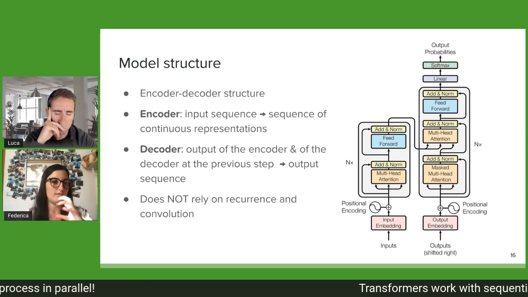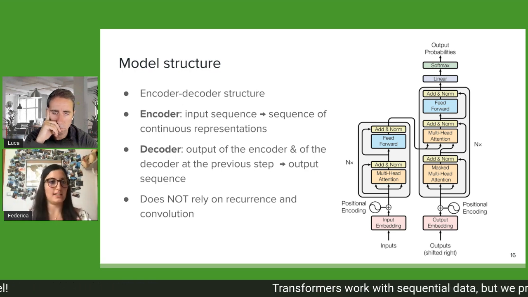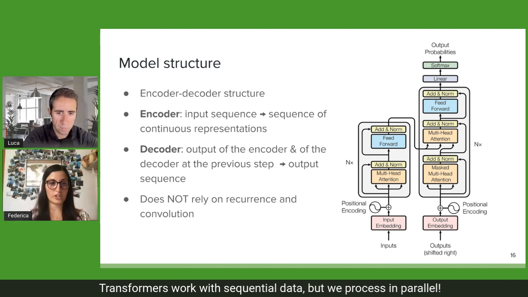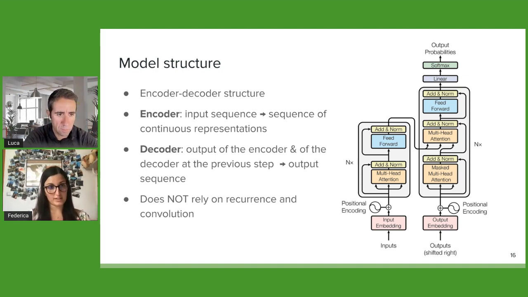If we want to say in a nutshell what is the task of the encoder and what is the task of the decoder: the encoder takes an input sequence and generates a sequence of continuous representations. In the input sequence, we have discrete tokens, the words, as I said before. Instead, as output, we generate this continuous representation.